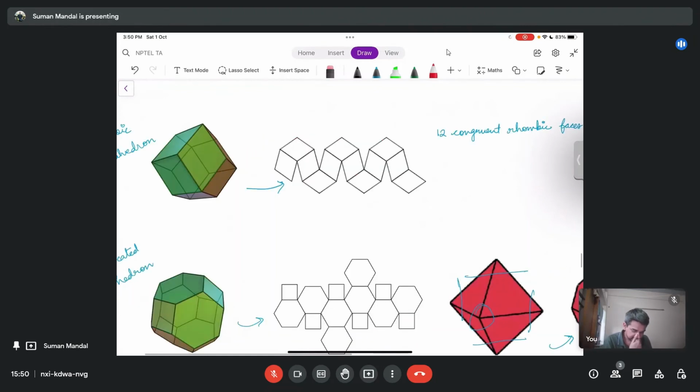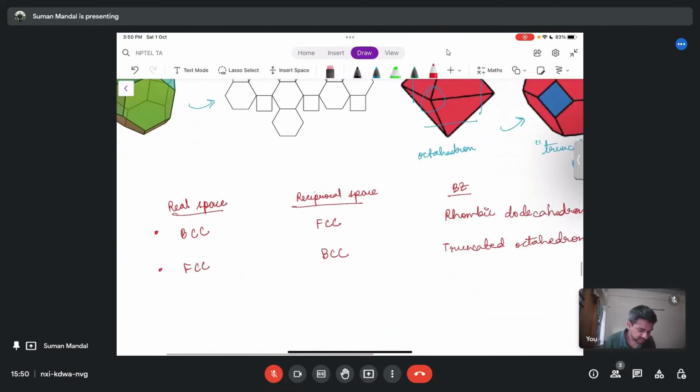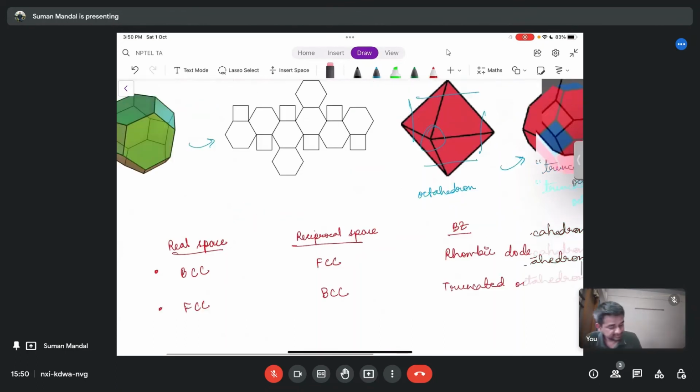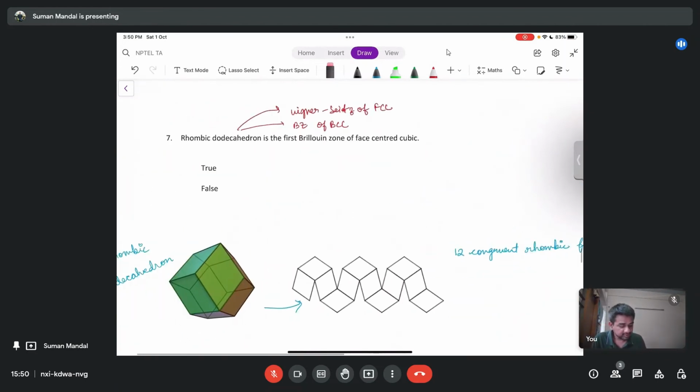I hope you understand this. This is the Wigner-Seitz cell, and this is the Brillouin zone. So the rhombic dodecahedron is the first Brillouin zone of the BCC structure. It's the Wigner-Seitz cell of the FCC structure. The answer is false.